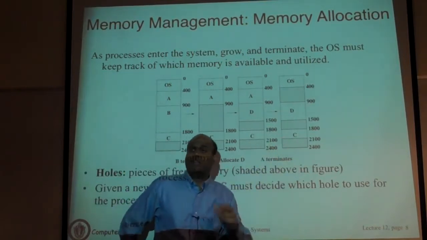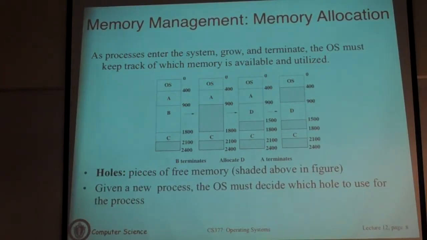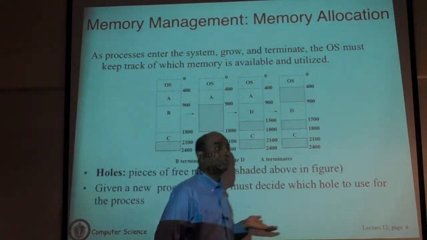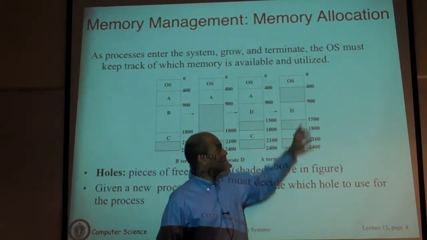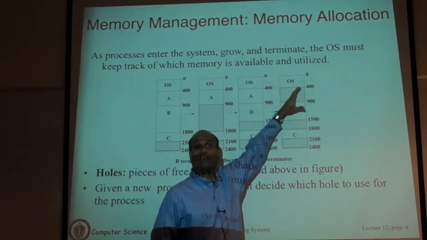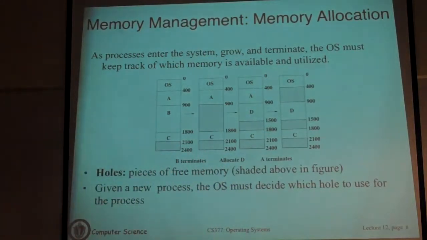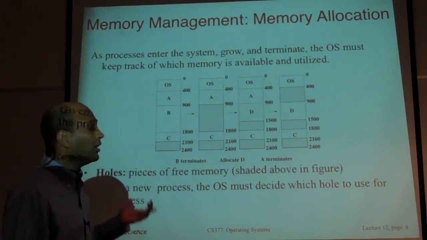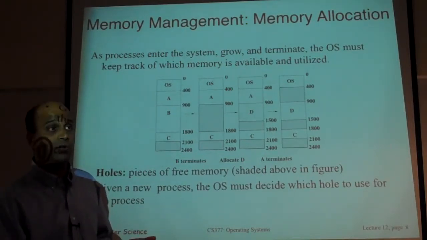If you ask for a chunk of memory that is 900 words in size, because that's the size of the process you want to load, the amount of free space is 1100 words. So in the aggregate, there is enough RAM. But there is no one chunk of memory that's large enough, because that free space is fragmented across different regions in memory. This is called external fragmentation: you have enough memory in total, but you don't have any chunk that is big enough to accommodate a process.